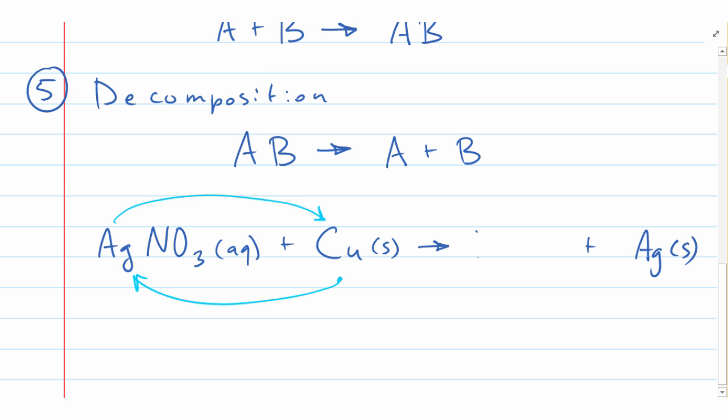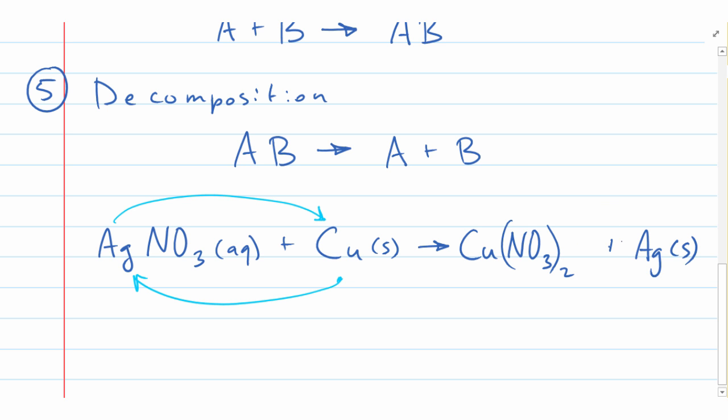So if it's copper 2 nitrate, that means we have copper with a charge of 2+. Nitrate is NO3 with a charge of 1 negative. So our formula here is going to be Cu(NO3)2.